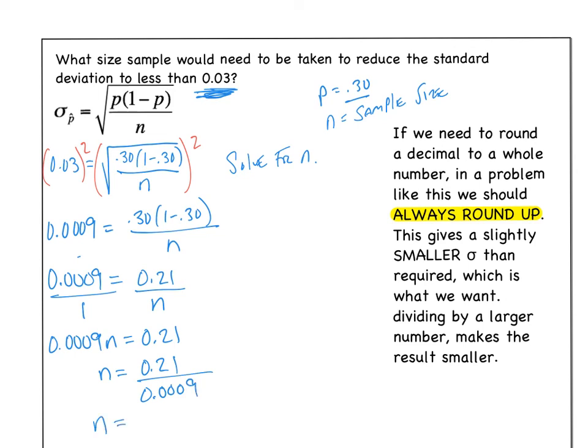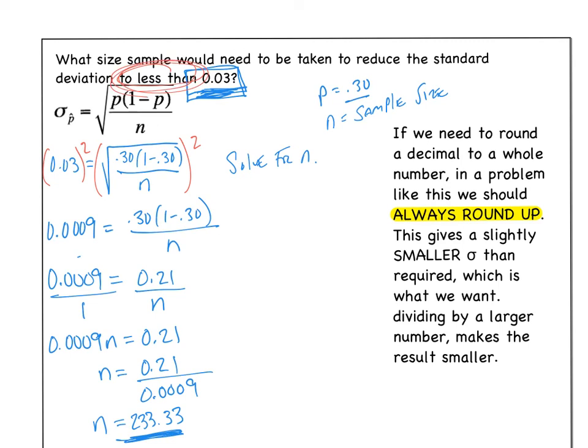So n equals 233.33. Now here's the thing. If n equals 233.33, then my standard deviation will be exactly 0.03. But the question wants my standard deviation to be less than.